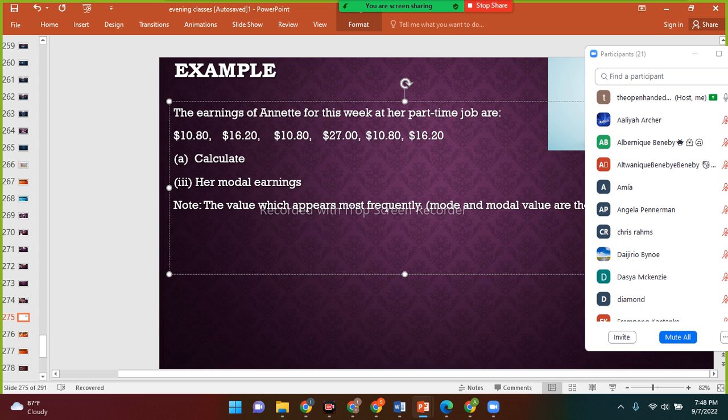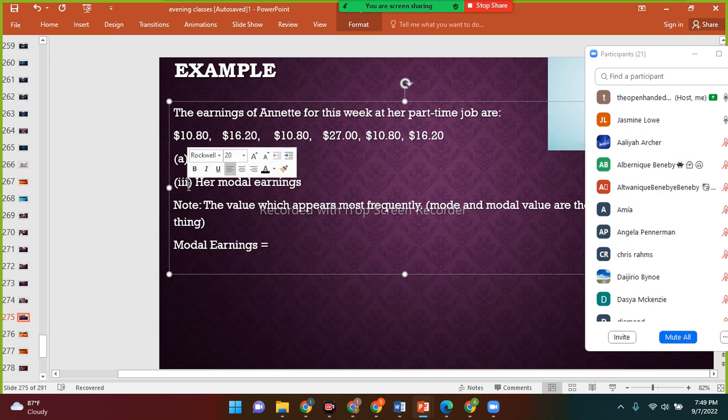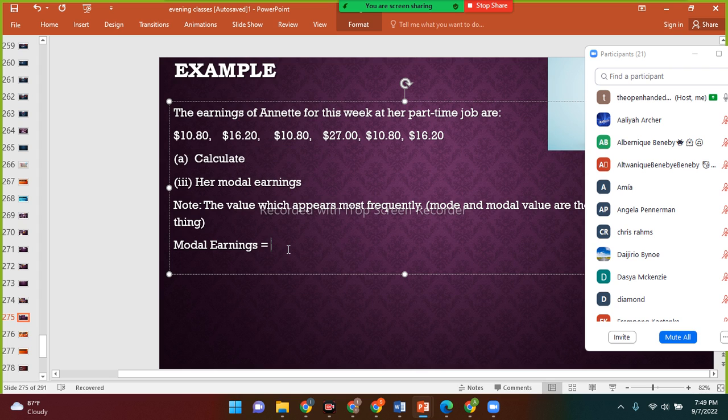Okay, so what's the modal earnings? You don't have to write that part over, just continue with A triple I. So modal earnings is going to be what?